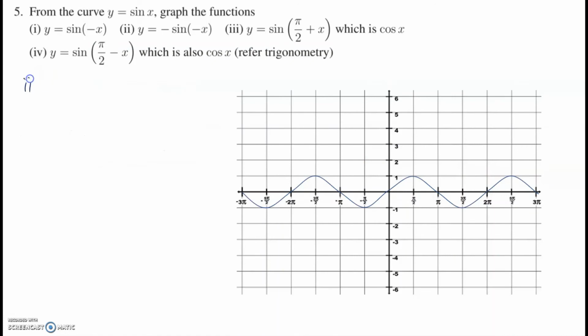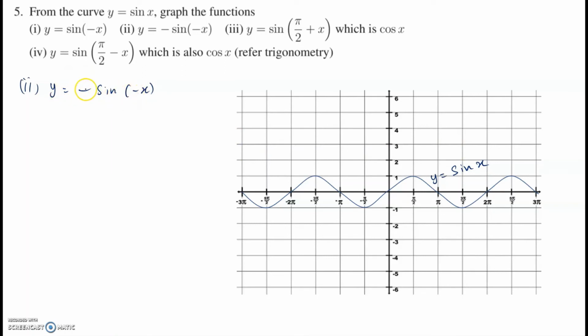Question number 2. Y is equal to minus sine of minus x. So we need to graph this function. So this is your function y is equal to sine x. Now what happens if this is minus of sine minus x?